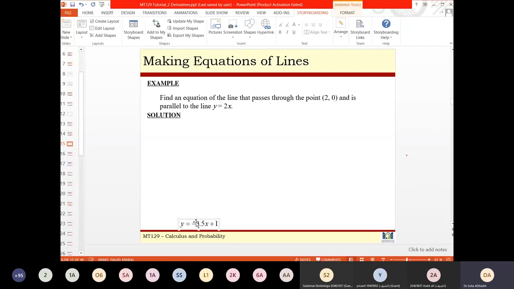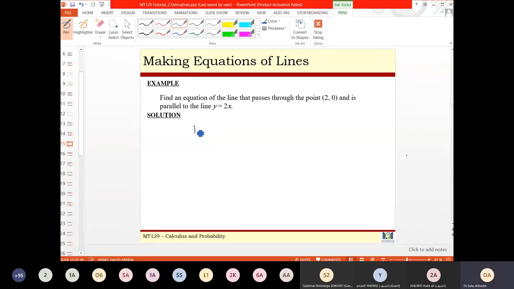So in this case, what's my slope? My m is exactly 2, because this line has slope 2. So my line is parallel to this one, so it has slope 2. And my point (2, 0) is my x1, y1.